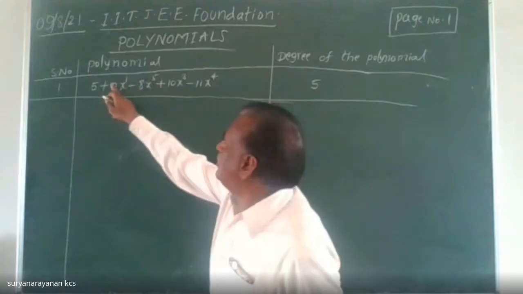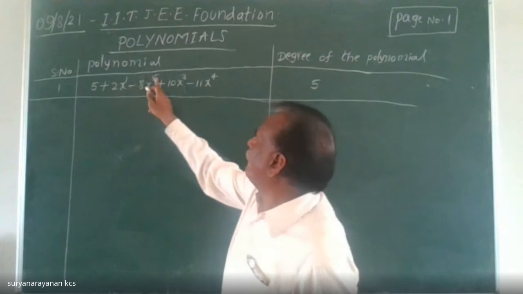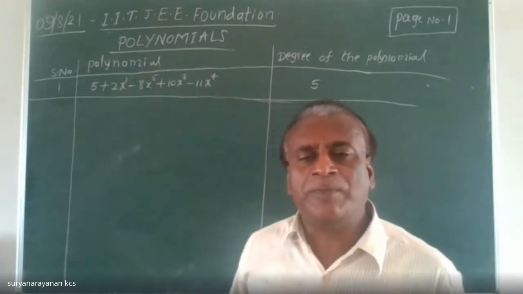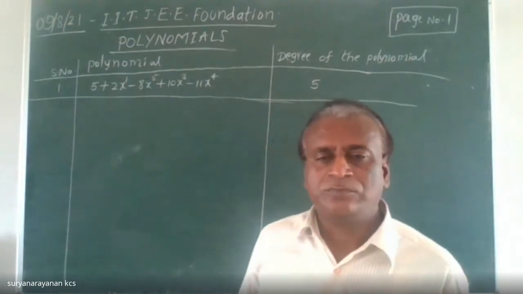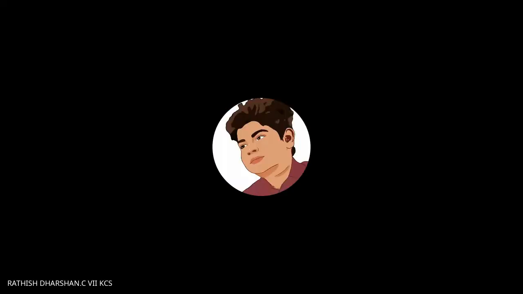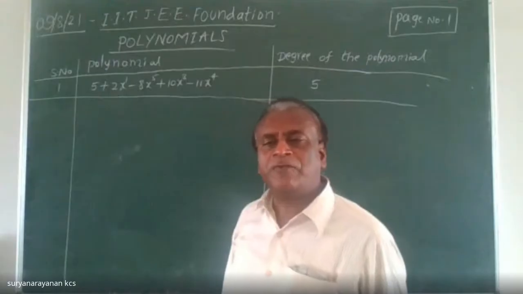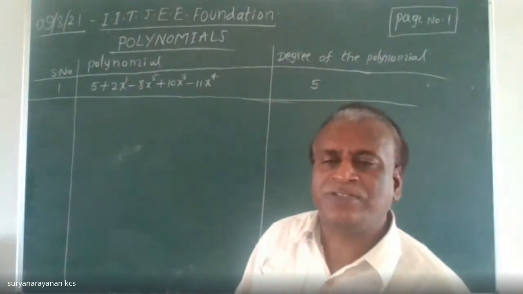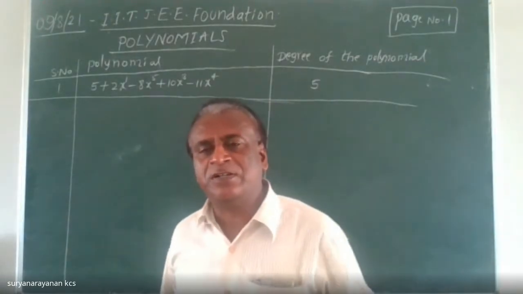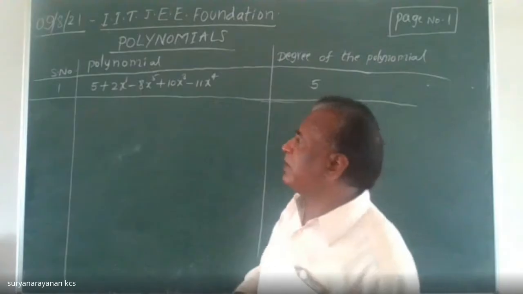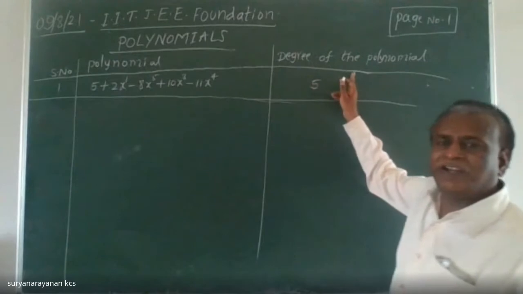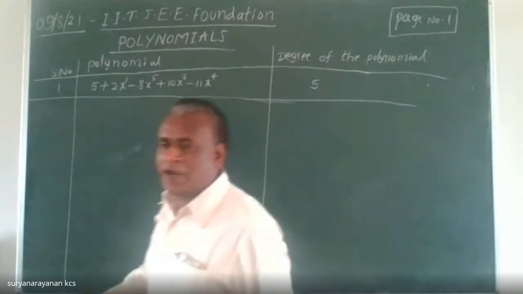So out of these four numbers, 1, 5, 3, 4, what is the highest number? Can you compare the numbers? Which number is smaller and which number is bigger? 5 only. So the highest exponent is 5. So here the degree of this polynomial is 5.